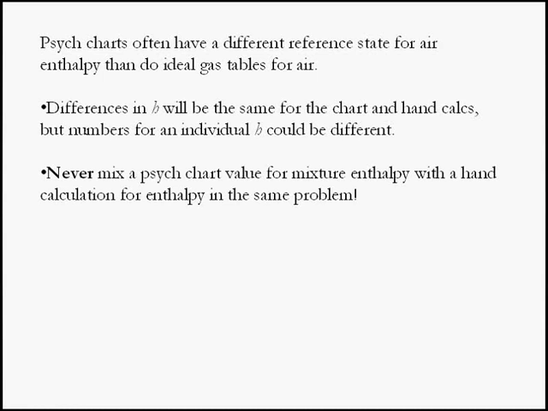As a consequence of that, you should never, ever mix a calculation where you get one value for a mixture enthalpy off a chart and another value calculated by hand. You have to be consistent throughout an entire problem. Either calculate all the h's by hand or get all the h's directly off the chart. Usually, not always, usually it's more convenient to get it directly off the chart.